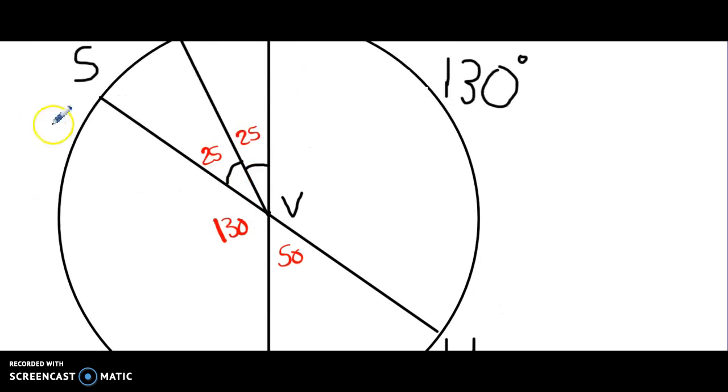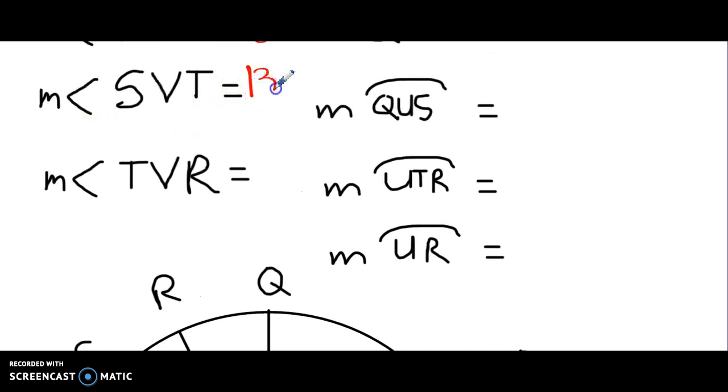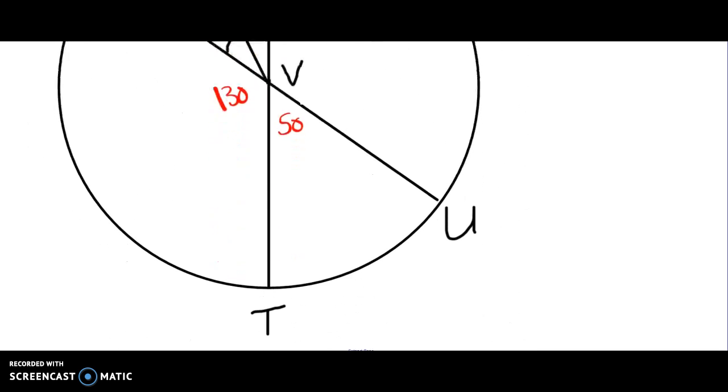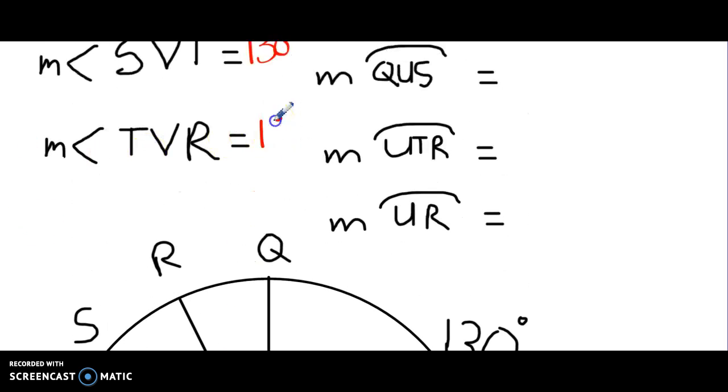SVT, SVT, that's 130. And then TVR, T to V to R is here. So we're going to do 130 plus 25. That's going to give me 155.